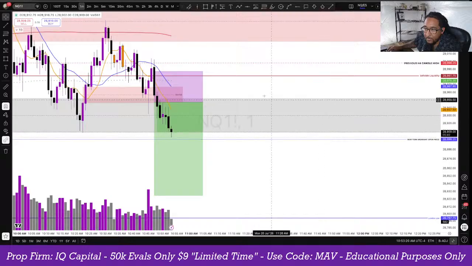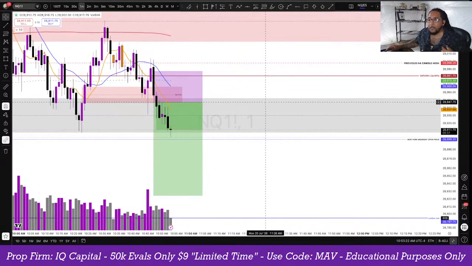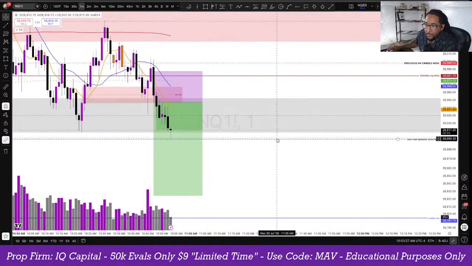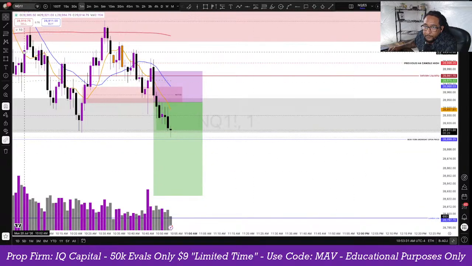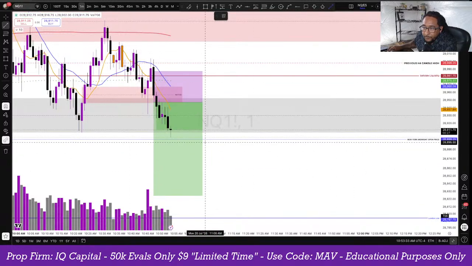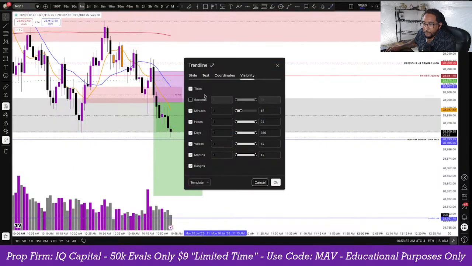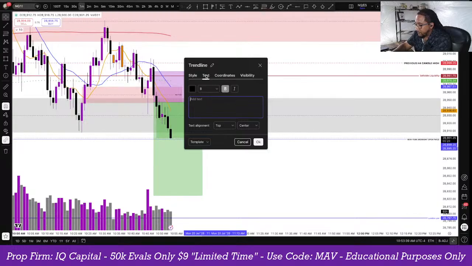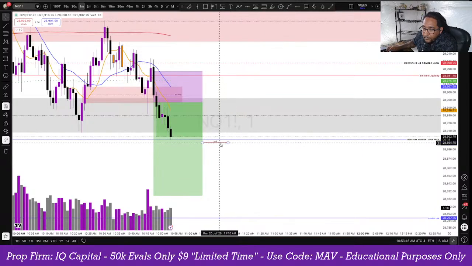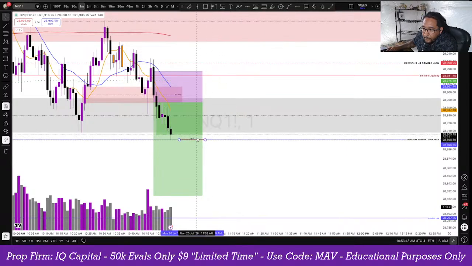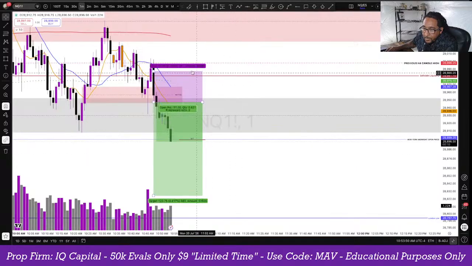As soon as we get a full tap into this New York open, we'll bring our stop loss down to break even and make this a risk-free trade. But this would be our first TP here. This is TP1.